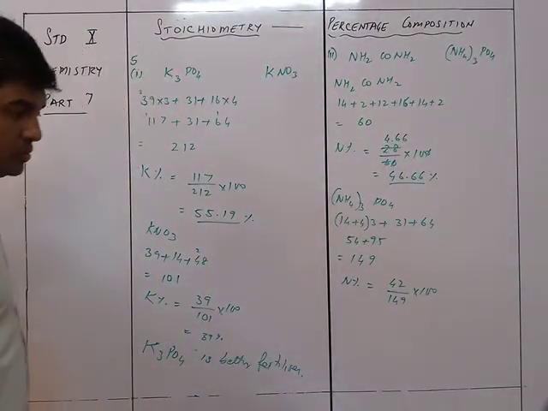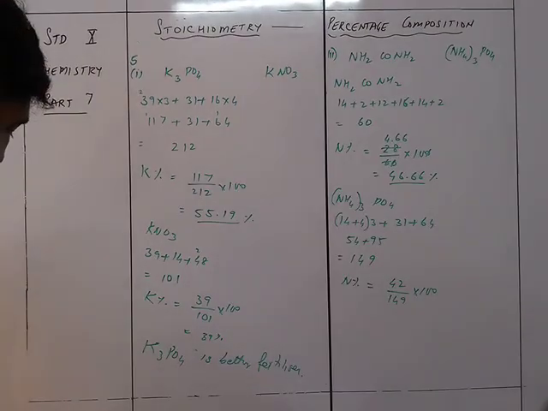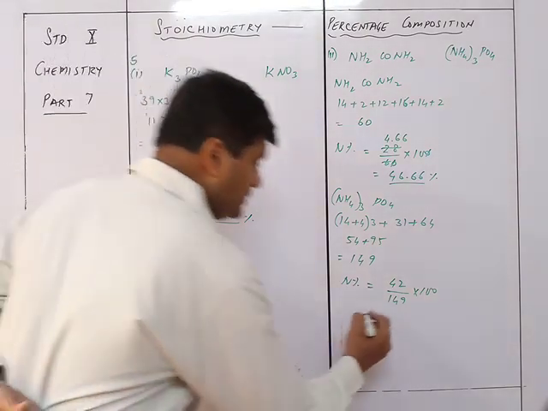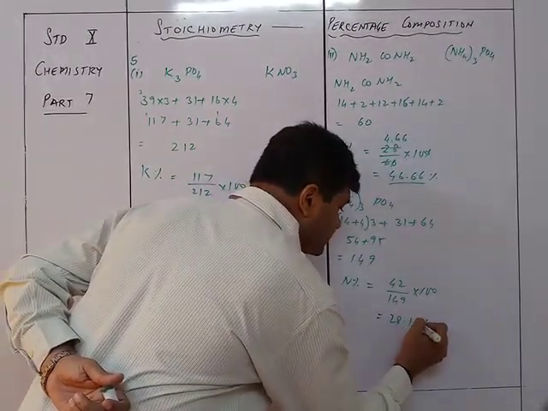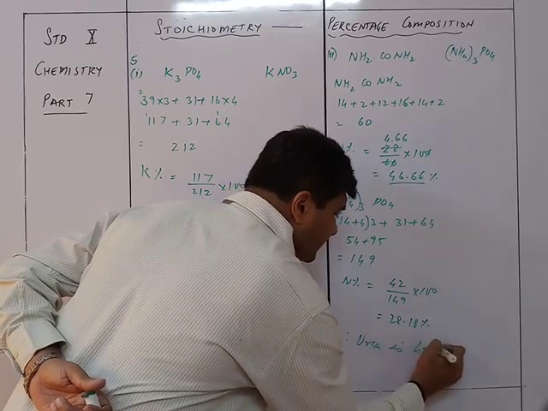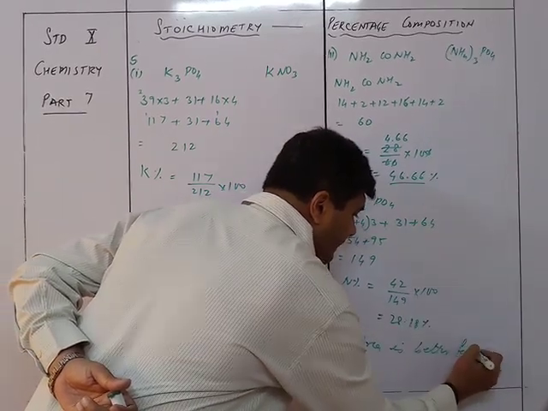That is approximately 28%, so it's 28.18%. Therefore, urea is the better fertilizer.